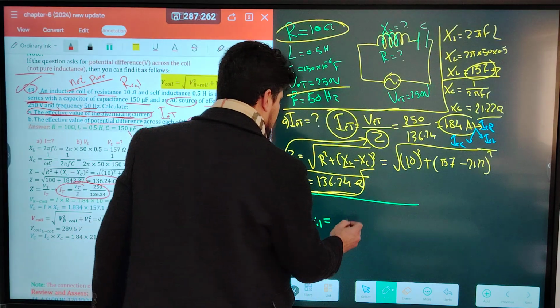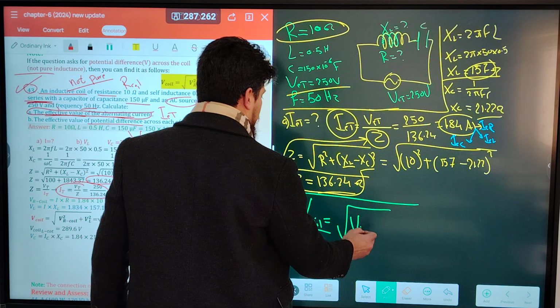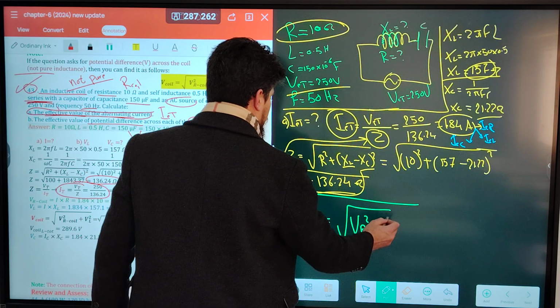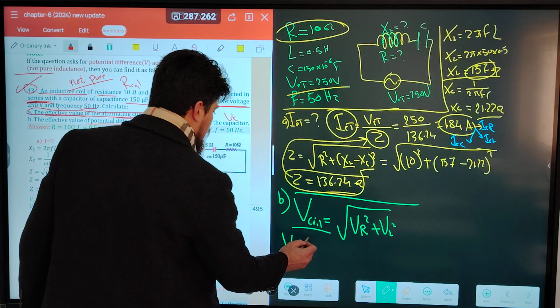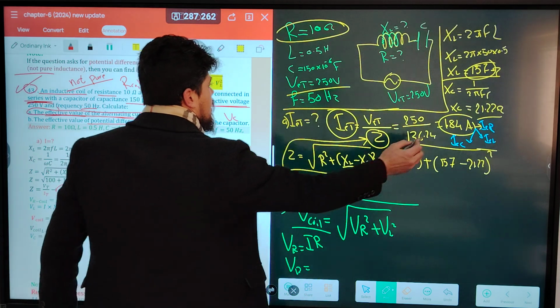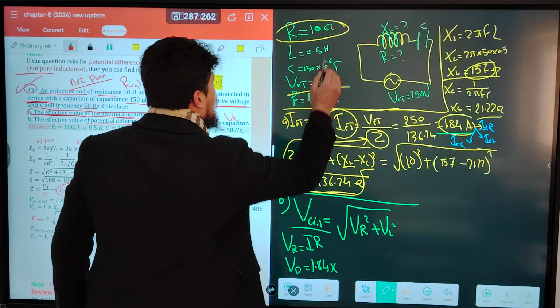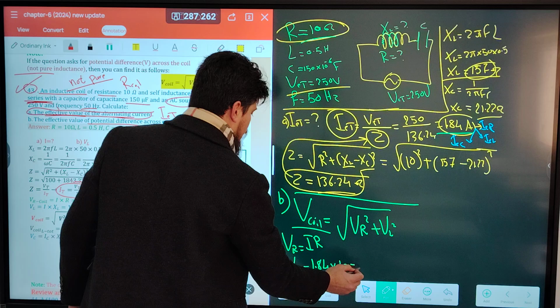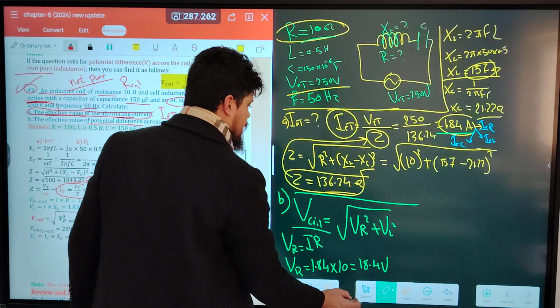If the coil has resistance, which equation can be used to determine V coil? VR square plus VL square. Do we have VR? No. VR is equal to IR. I we didn't have, but we found 1.84. R is 10. VR is equal to 18.4 volt.